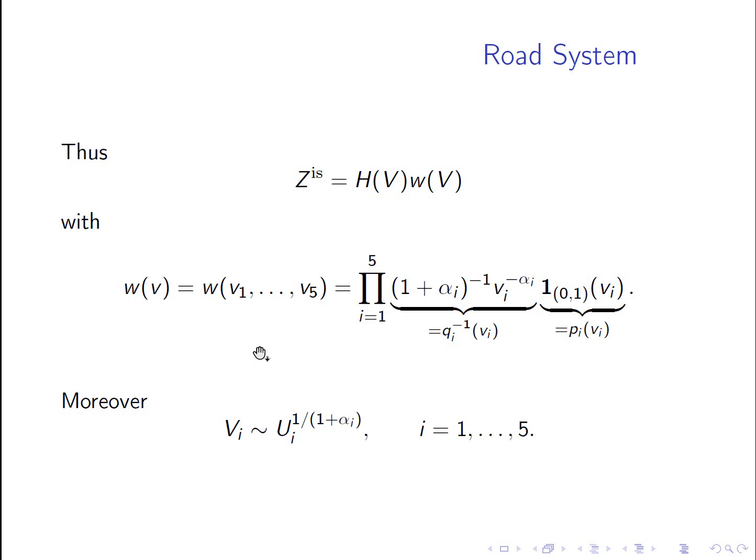As I said, we have the distribution function of the V_i and the pseudo-inverse, so we can sample the V_i in the following way. We sample IID uniformly on (0,1), and then we compute U to the power 1 divided by (1 + alpha_i).